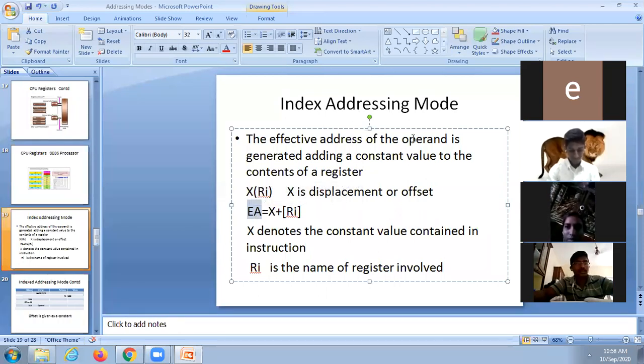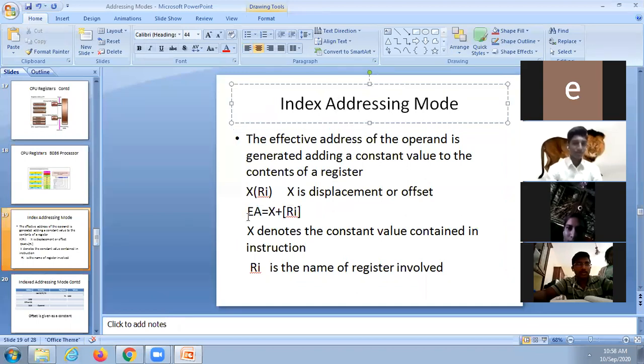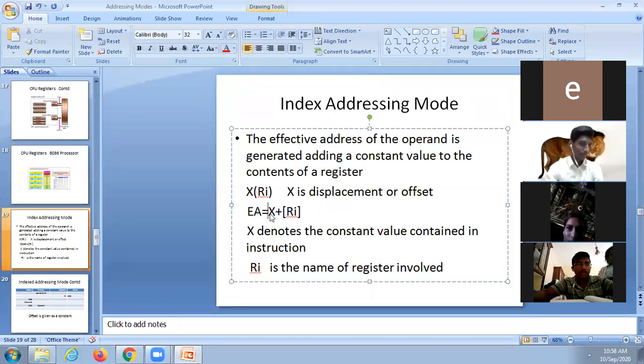In this index addressing mode, based on the effective address, we will get the data. In the case of simple index addressing mode, the effective address will be X plus (Ri). Within the brackets, Ri means that value is available in Ri; this Ri contains the address.